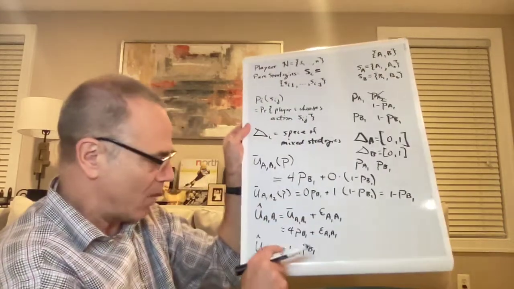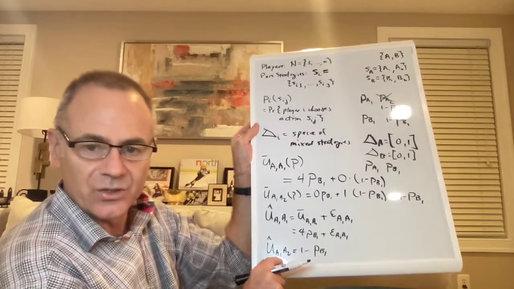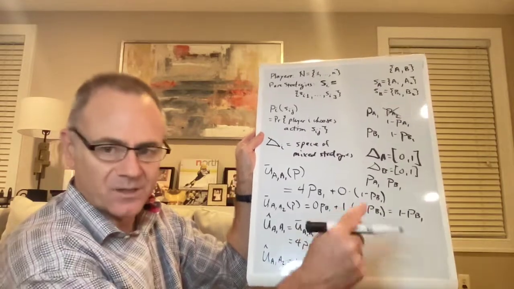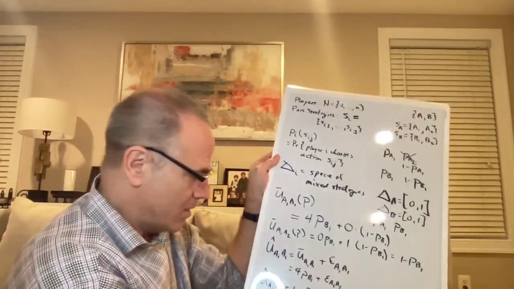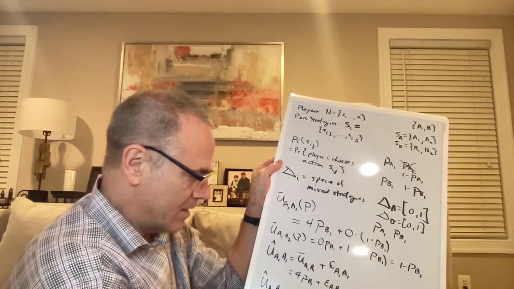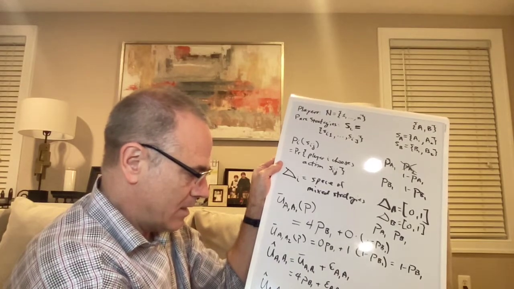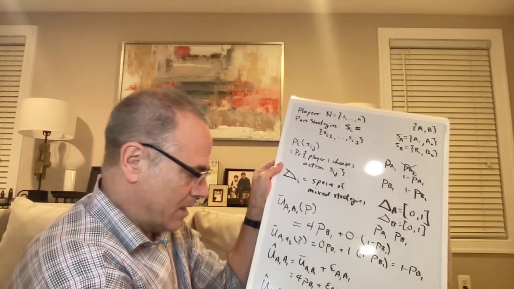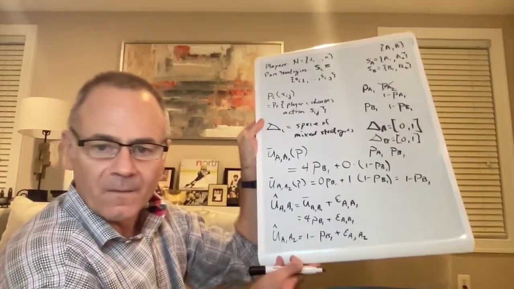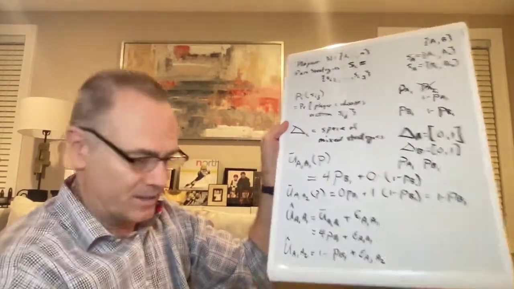So it's U bar A2 plus epsilon A comma A2. All right, so far we're just focusing on player A.